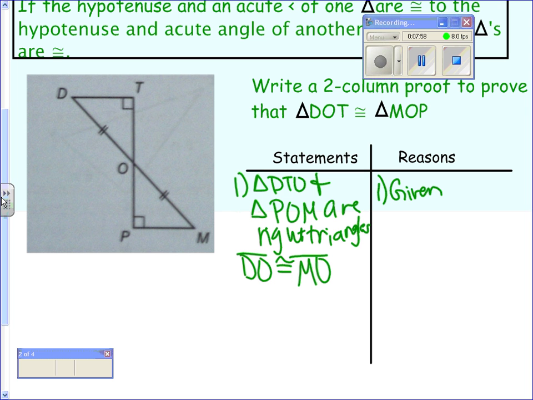You can include it with this statement, or if you want to make it a second statement, you can. Either one. Okay. What would be the next thing to say? No, we don't need to say the two right angles are congruent. They're right triangles. They have to be congruent.